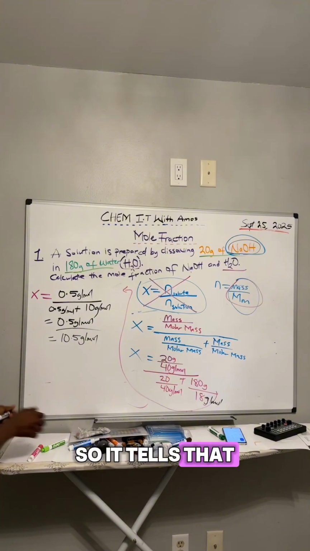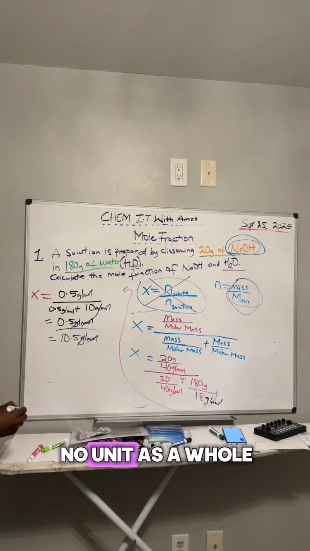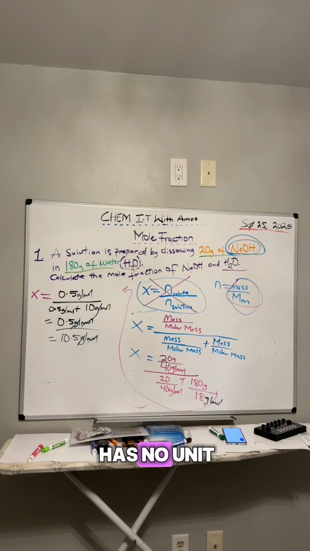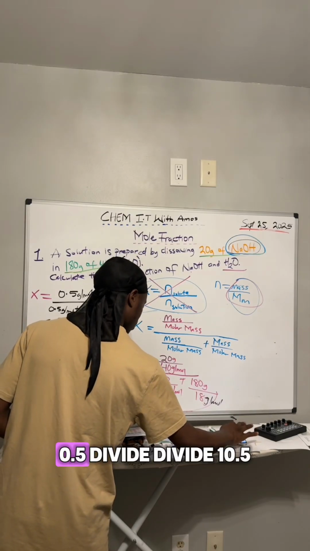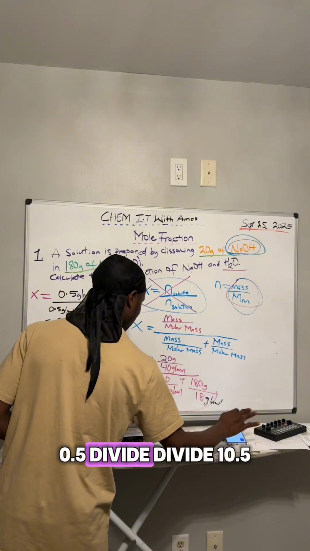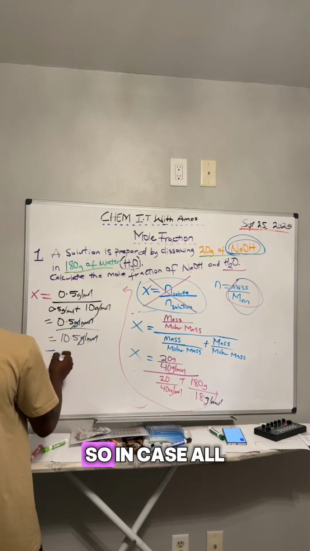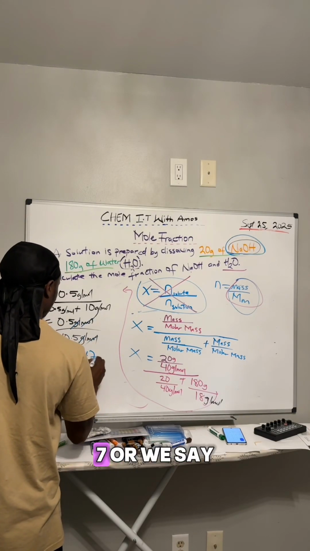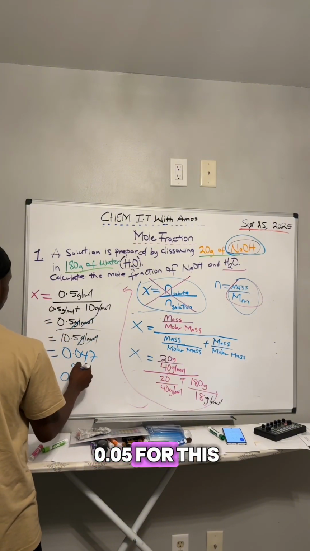So it tells that this right here is gram, it cancels, mole cancels mole, so there's no unit as a whole. So mole fraction is dimensionless, meaning it has no unit. So if you divide 0.5 by 10.5, it gives our answer to be 0.047, or we say 0.05 for short.